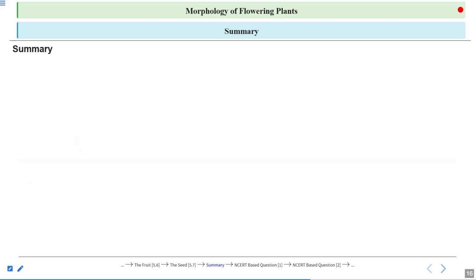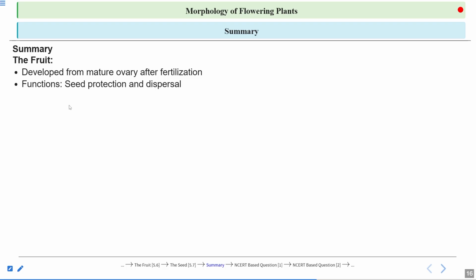Now we will summarize today's lecture. The fruit develops from the mature ovary after fertilization. What is the function of the fruit? Seed protection and dispersal. The function of the fruit is to protect the seed present inside it, and also to disperse it. When you eat a fruit, you throw the seeds here and there, so you are doing the dispersal.